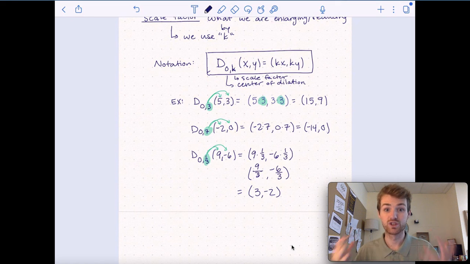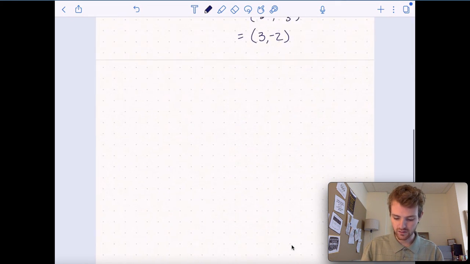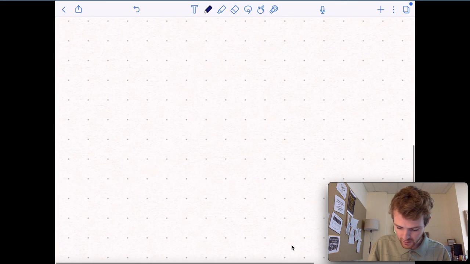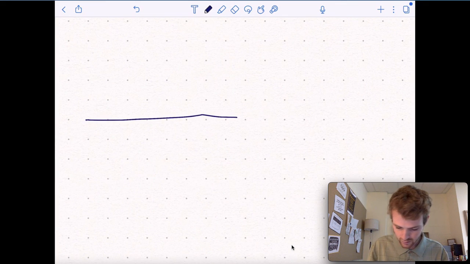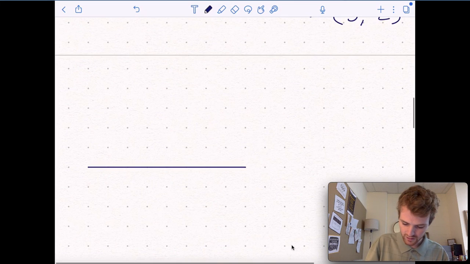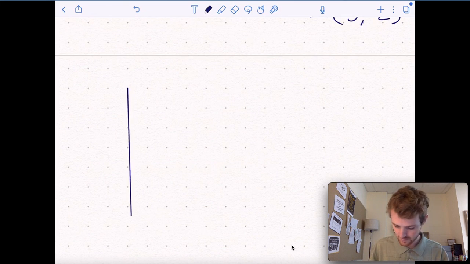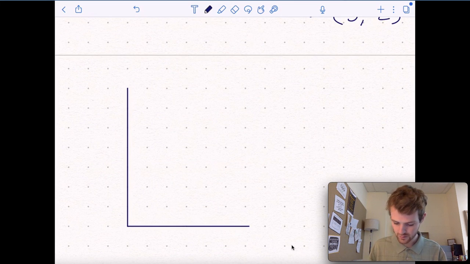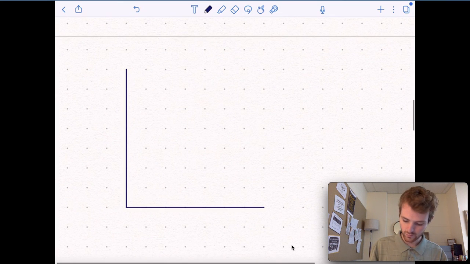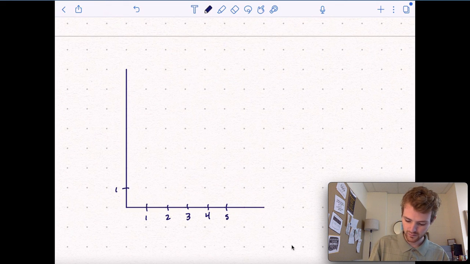Now I actually want to show you a graph and what this looks like. Let me do a graph like this. 1, 2, 3, 4, 5 should be enough.